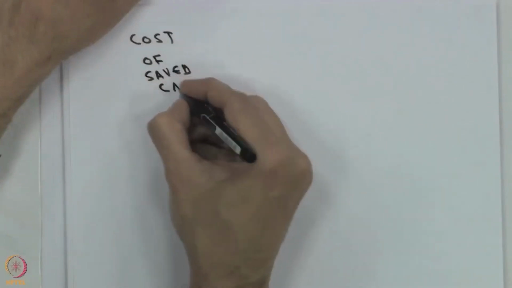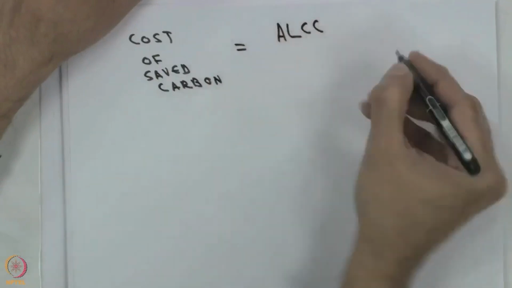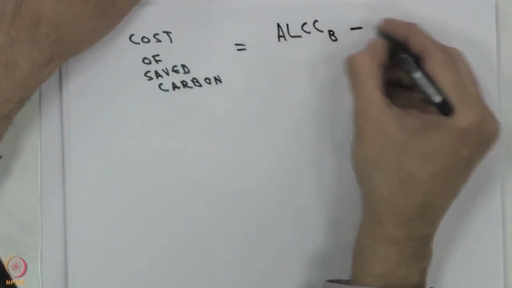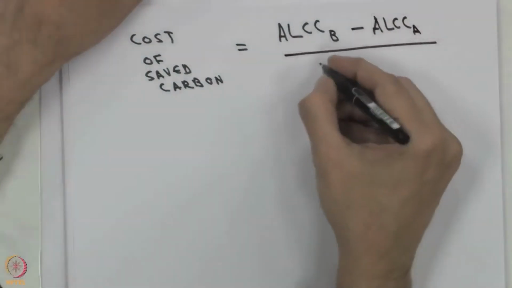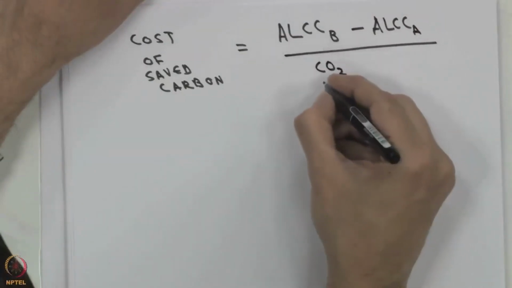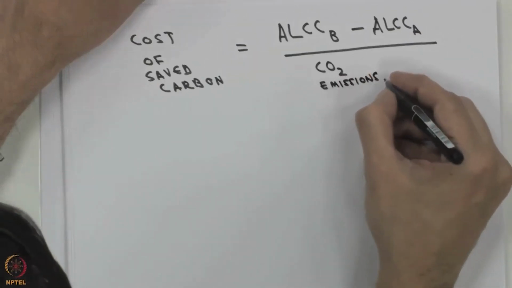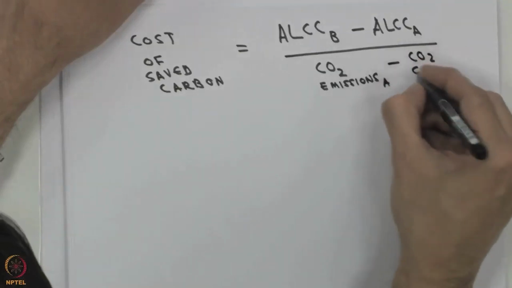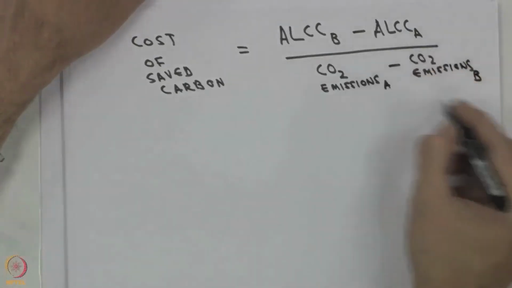So, the incremental cost that we have now, if we are looking at the cost of saved carbon, if you remember, we talked of that as the ALCC with the project, that means ALCC of B minus ALCC of A divided by the CO2 emissions of A minus CO2 emissions of B. We will presume that the CO2 emissions of B is negligible.